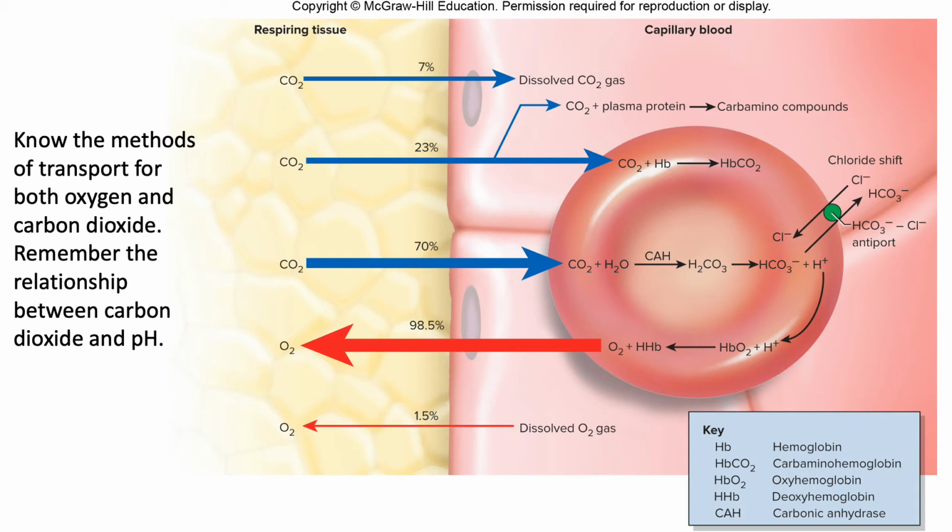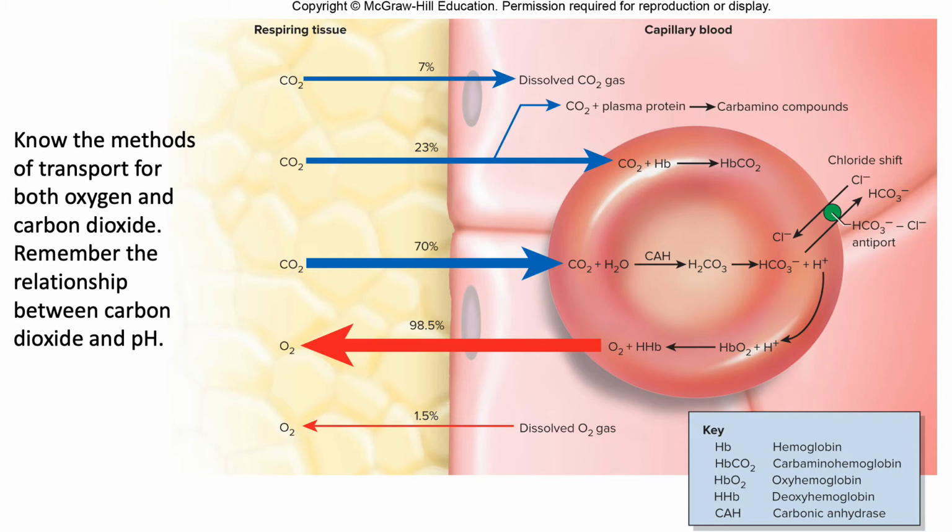But the majority of carbon dioxide, 70%, is transported by this bicarbonate and carbonic acid mechanism, where you have carbon dioxide combining with water in the presence of the carbonic anhydrase catalyst, becoming carbonic acid and then bicarbonate, and releasing hydrogen, and that hydrogen then assists oxygen in hemoglobin in releasing oxygen.